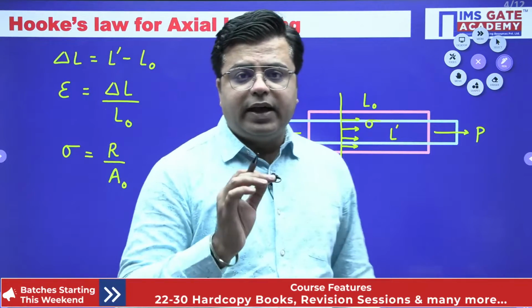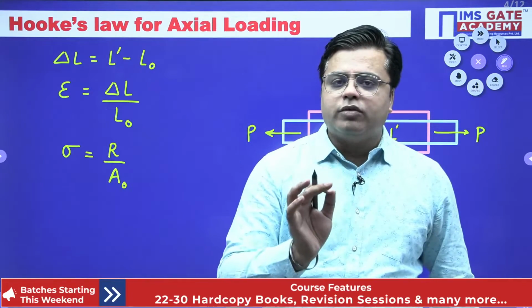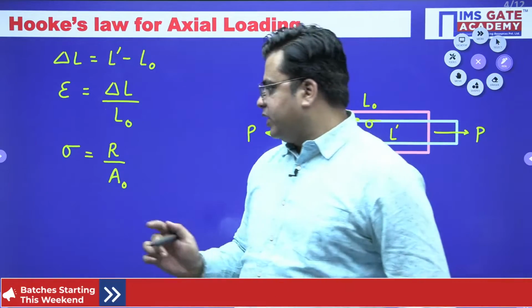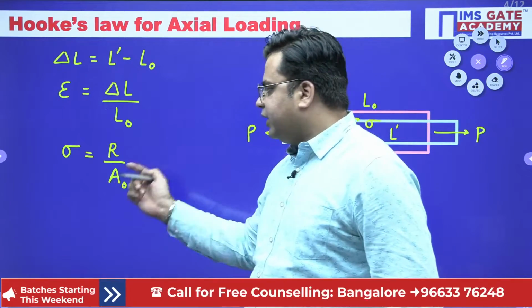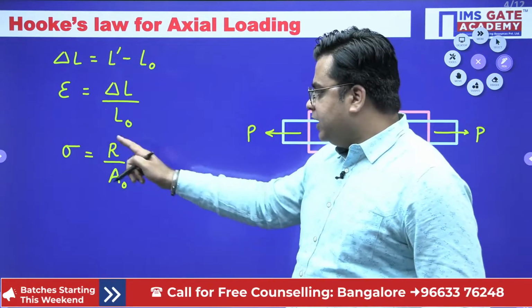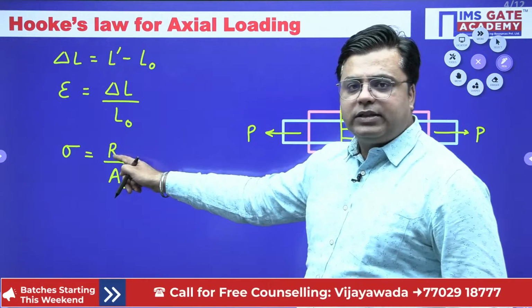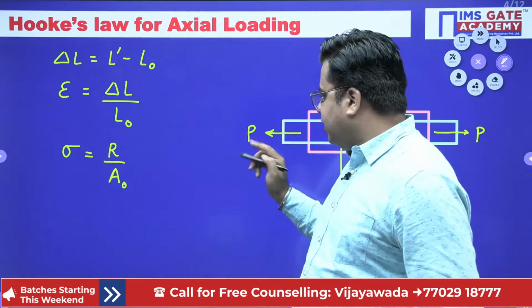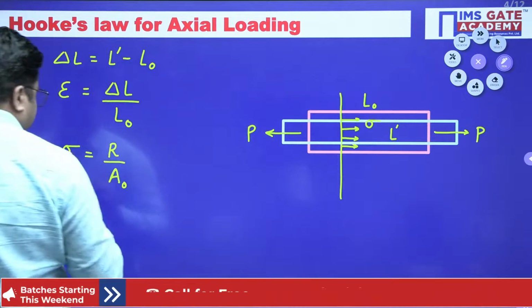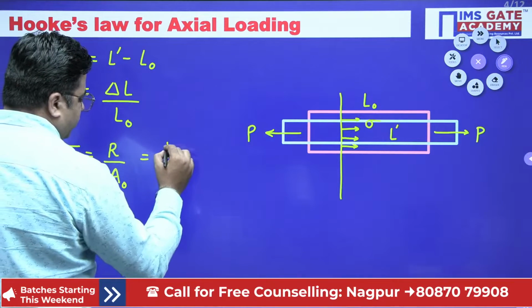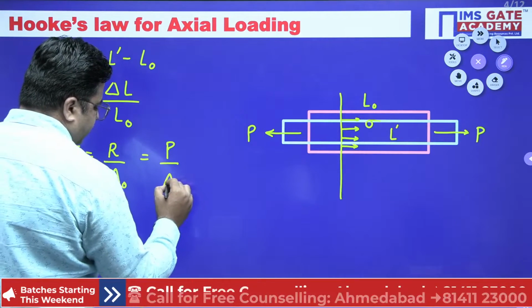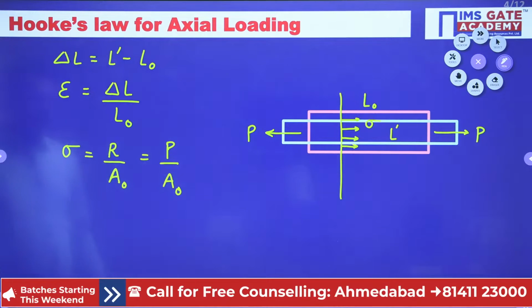No matter whether we are using strain or stress, both will be engineering stress or engineering strain, because we are using original length and original area. This resisting force is equal to the external load applied, P. So this stress can be written as P by A naught.